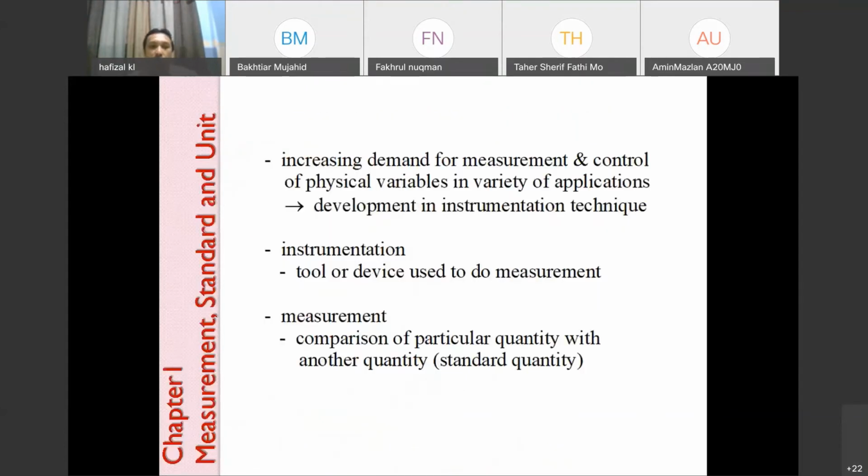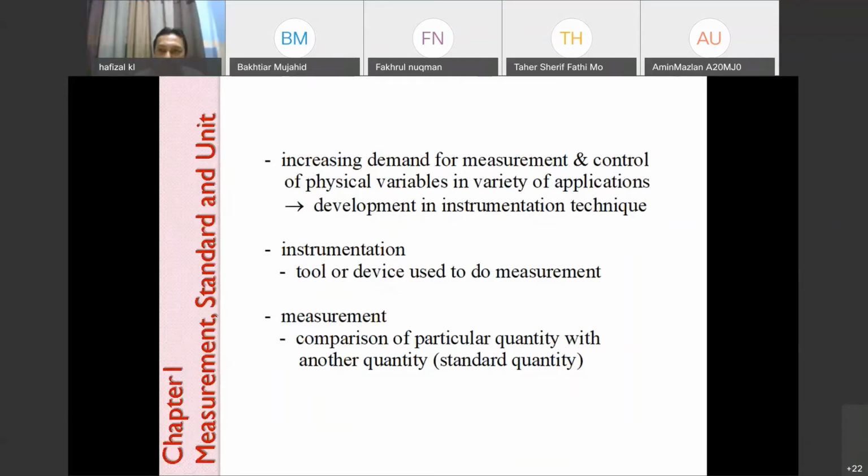A little bit of introduction: measurement is driven by demand. Measurement is due to the variable parameter you need to measure.